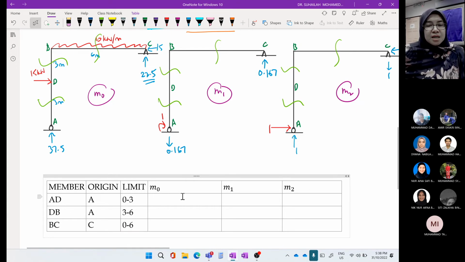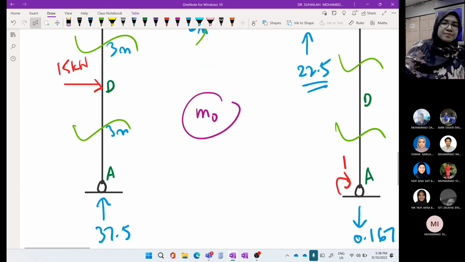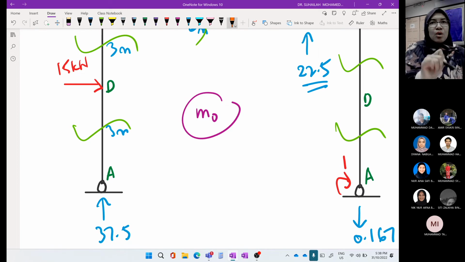Okay, M naught for primary system. Moment direction first. Okay, AD moment clockwise or counterclockwise? For AD.